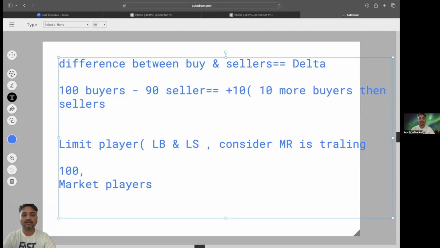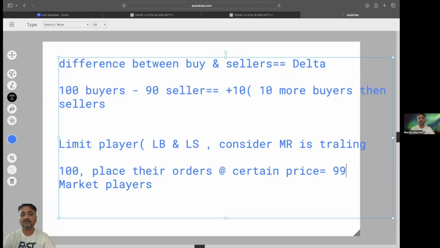So what will the limit players do? Limit players will place their orders at a certain price, so the price would be 99. They place their order on a limit basis. They have control over their position. So this is for limit option buyers and limit option sellers.